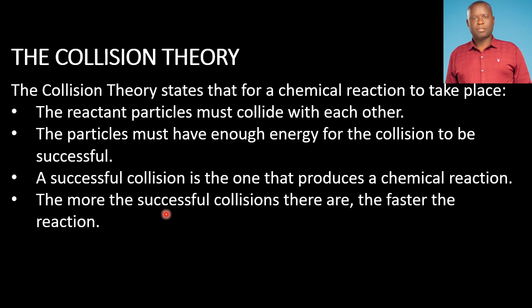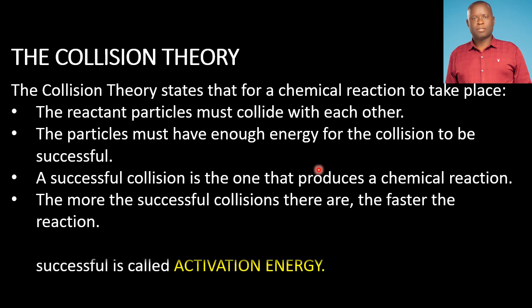So the more successful collisions there are, the faster the reaction. As more and more particles collide with each other successfully with enough energy input, the reaction is going to go faster. That's what the collision theory says.